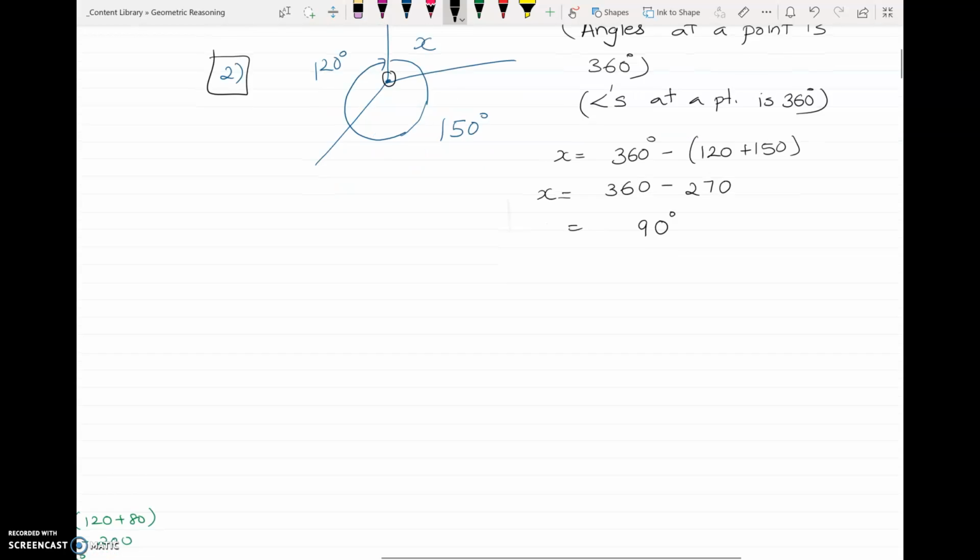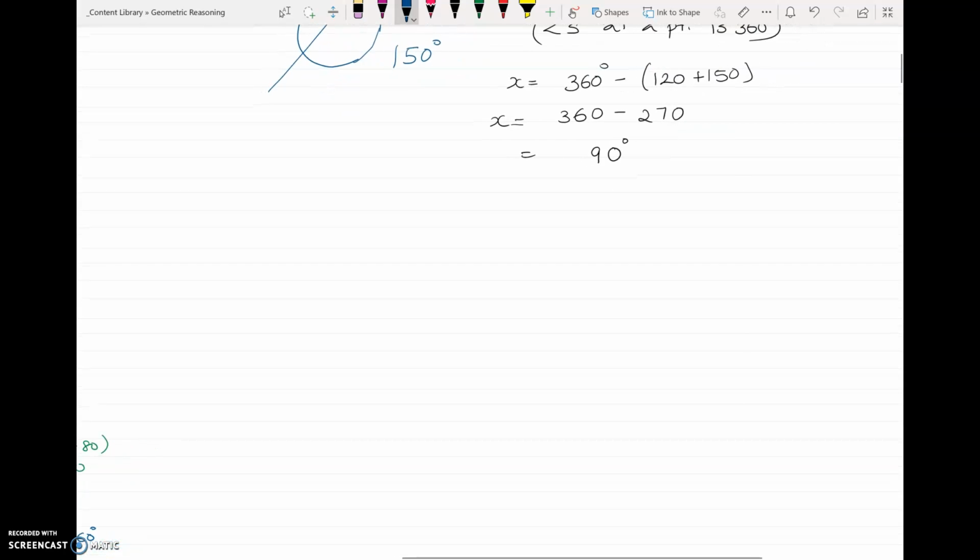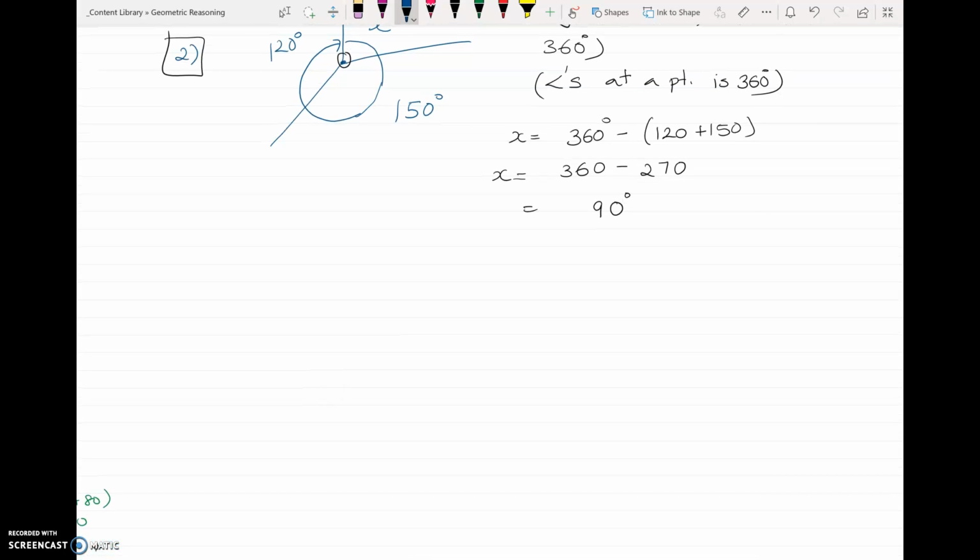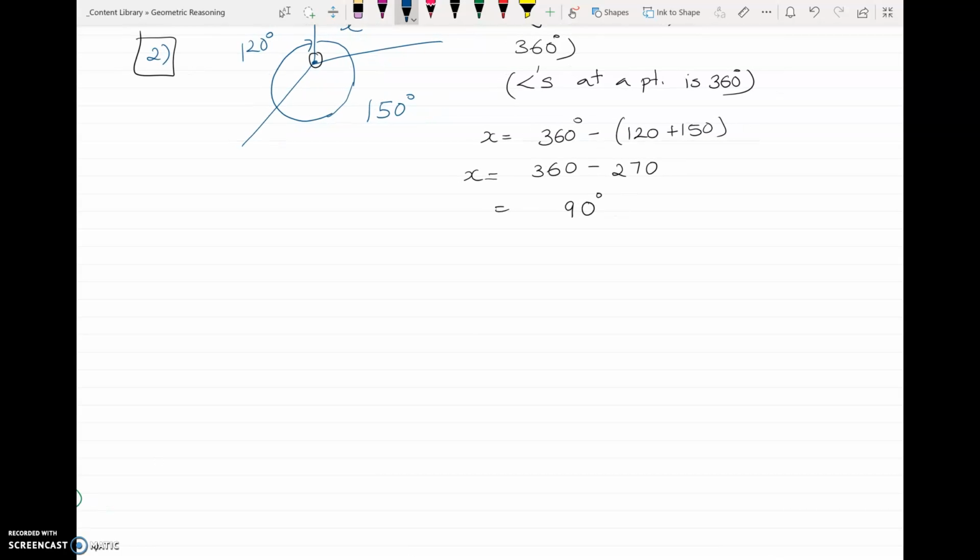Let's look at the third rule here. The third rule that we have is involving lines that cross at a point. There's a special name for that. These are lines that cross, and you can clearly see the X here, and they make a special angle, and we call them vertically opposite angles.